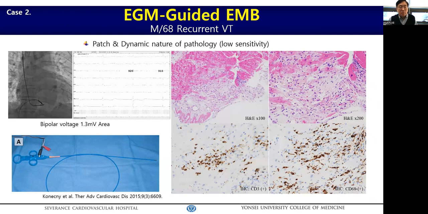Therefore, we failed to get tissue diagnosis in this patient, but we could diagnose isolated cardiac sarcoidosis based on Japanese guidelines. Because the yield of endomyocardial biopsy is very low, some group proposed EGM recording at the tip of bioptome by connecting the electrode cable to the bioptome.